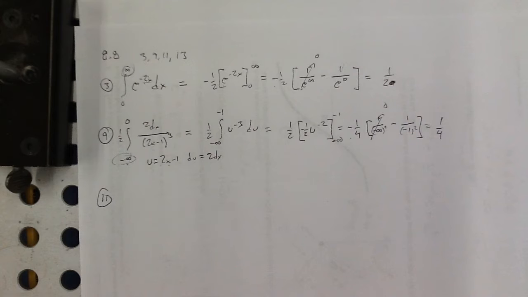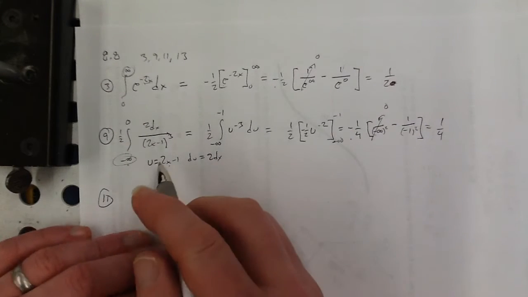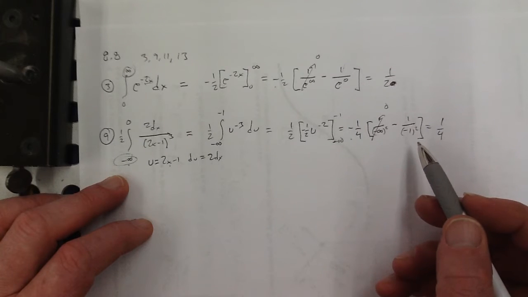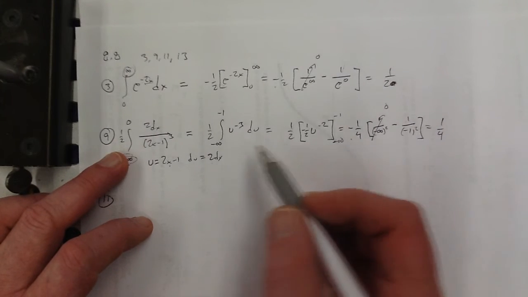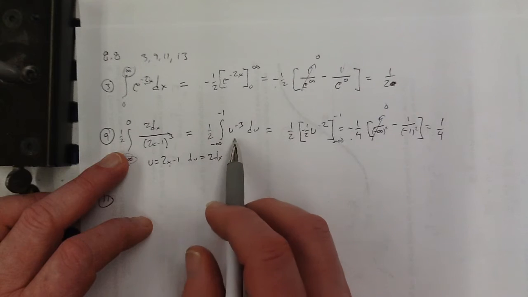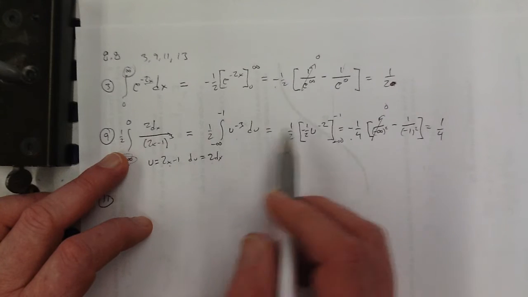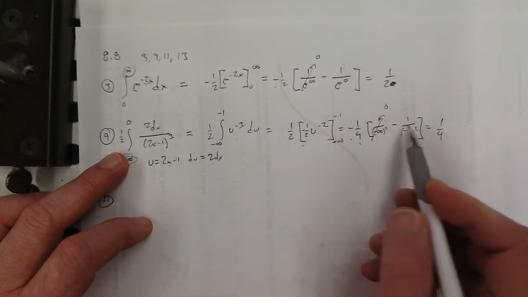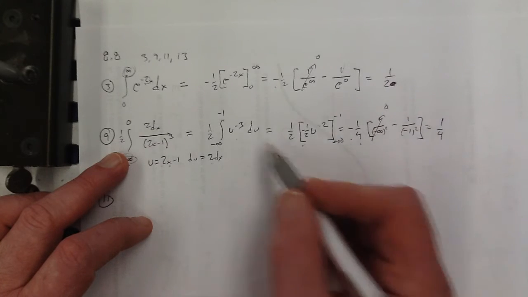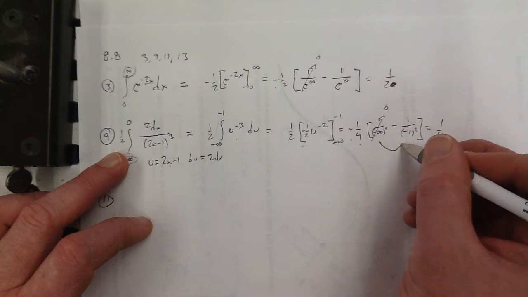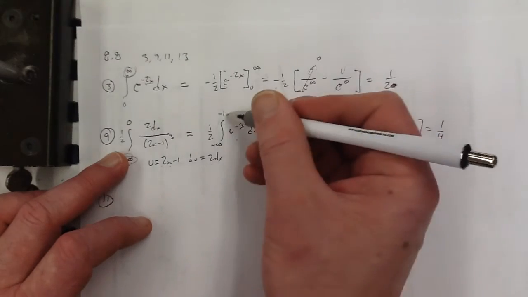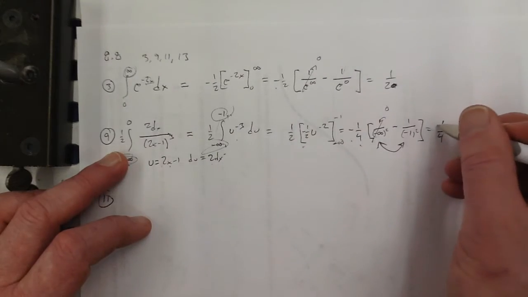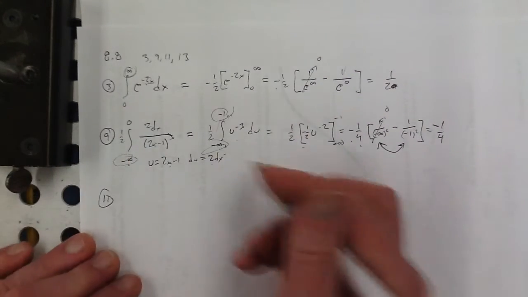According to the back of the book, I messed up the order of these. Sorry, that's what it is. So those should have been the other way around. Negative infinity to 1, so you do top minus bottom. And then that would change the sign of that. Okay, fixed.